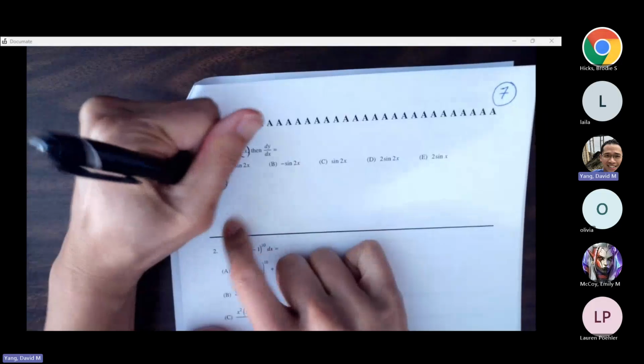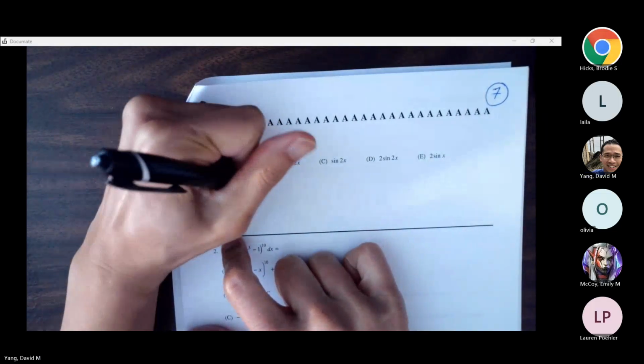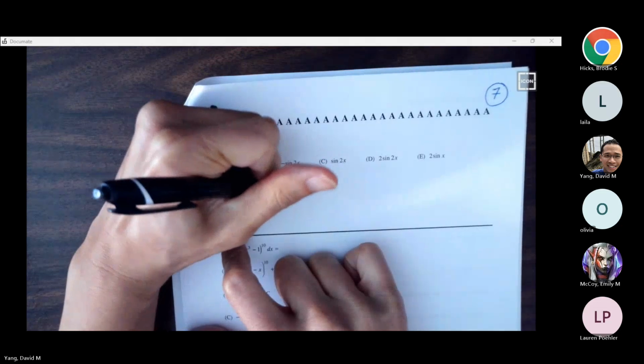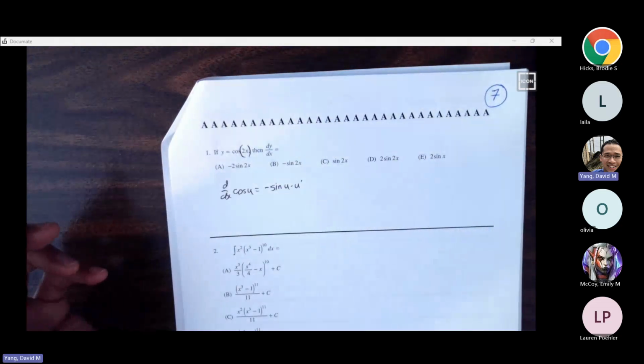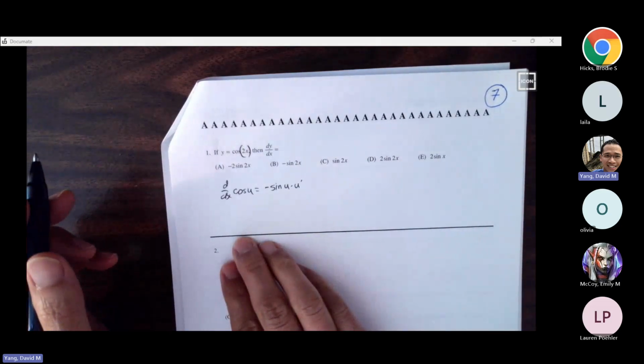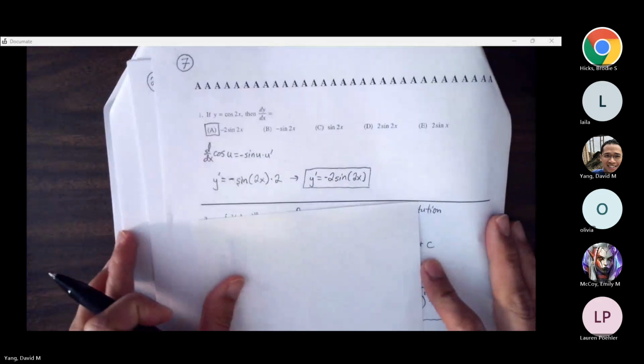So if we recognize our u value to be 2x, then cosine's derivative is simply negative sine of 2x times 2. Answer choice A.